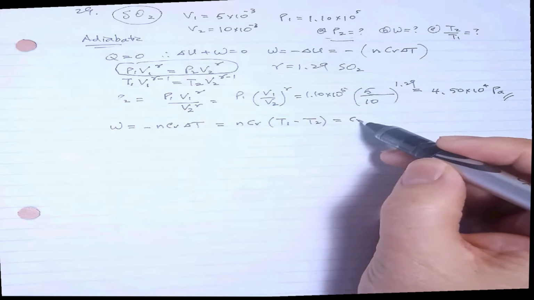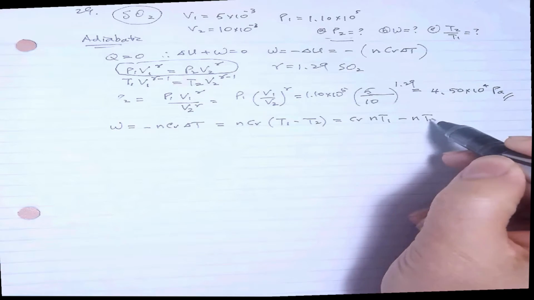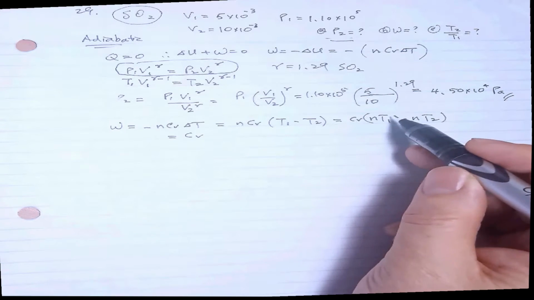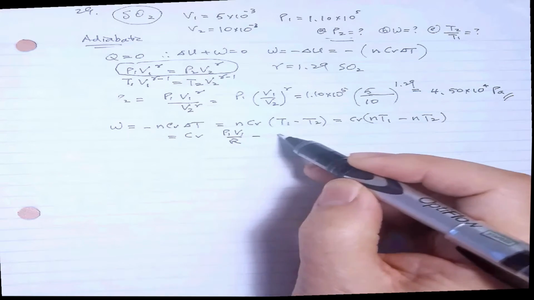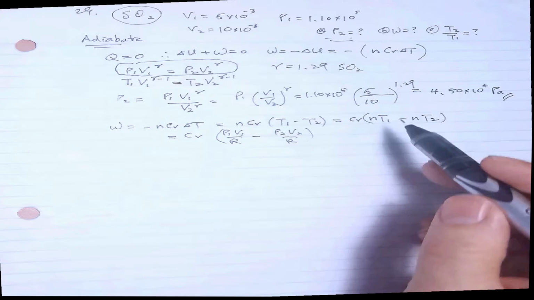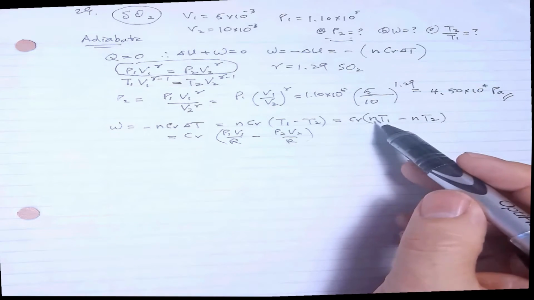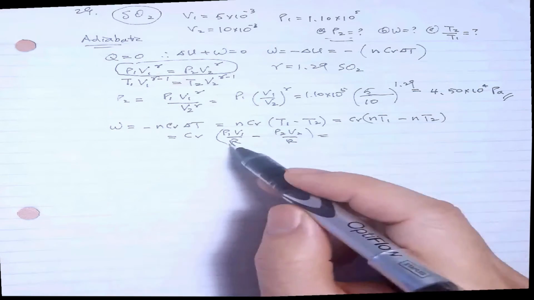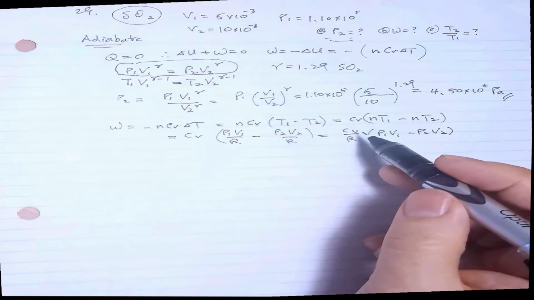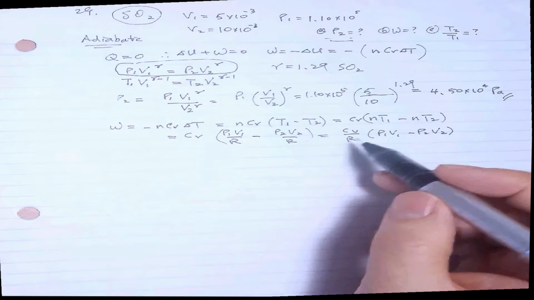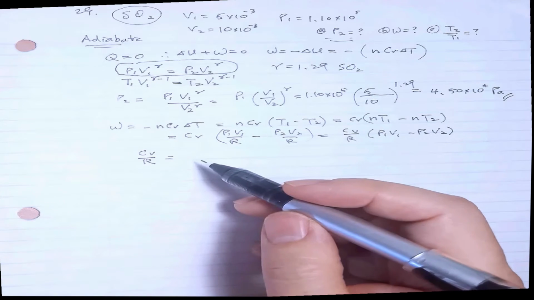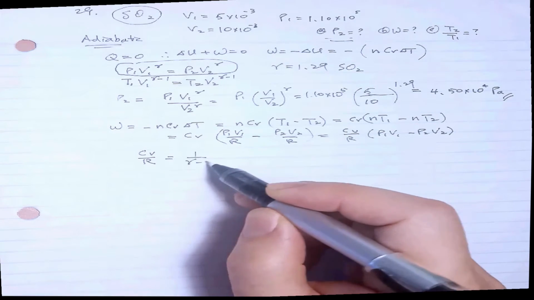Then C_V times nT1 minus nT2 is almost the same as PV over R. So nT1 would be P1V1 over R, and I can now factor out the R: C_V over R times P1V1 minus P2V2. But C_V over R, if you recall, is the same as 1 over gamma minus 1.